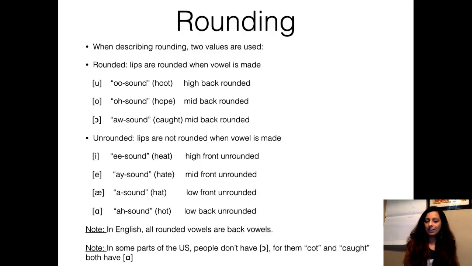And also I have a note about some dialects of English. If you are from Illinois or Wisconsin, you probably may not have a distinction between cot and caught. I say it the same way. I say caught and caught, right?